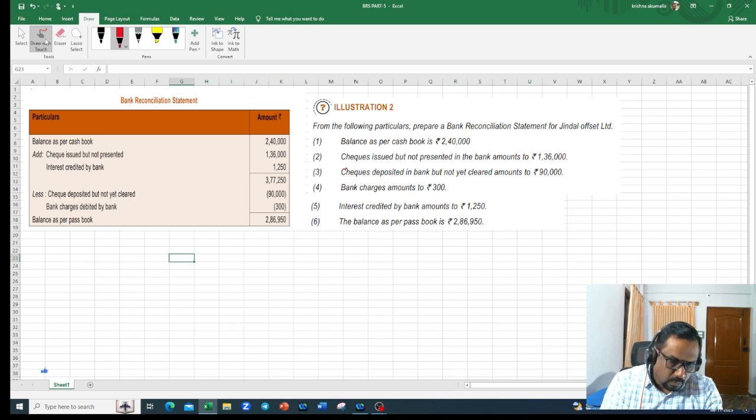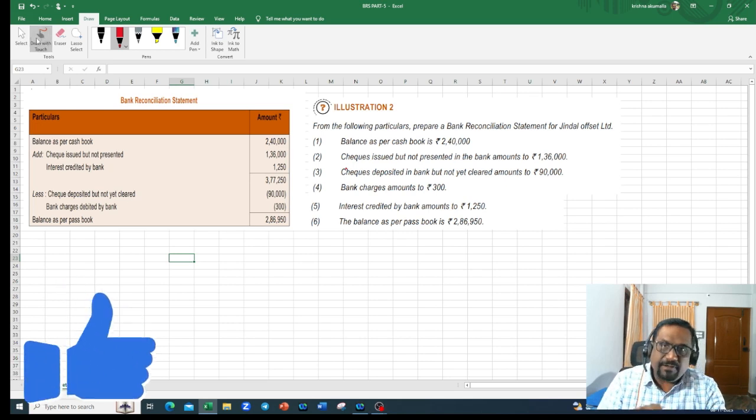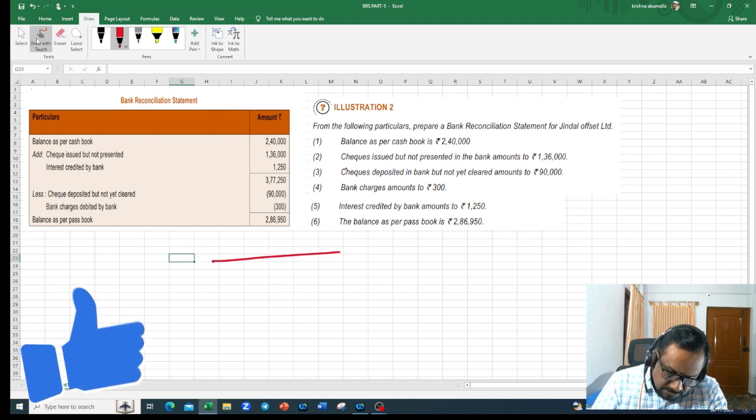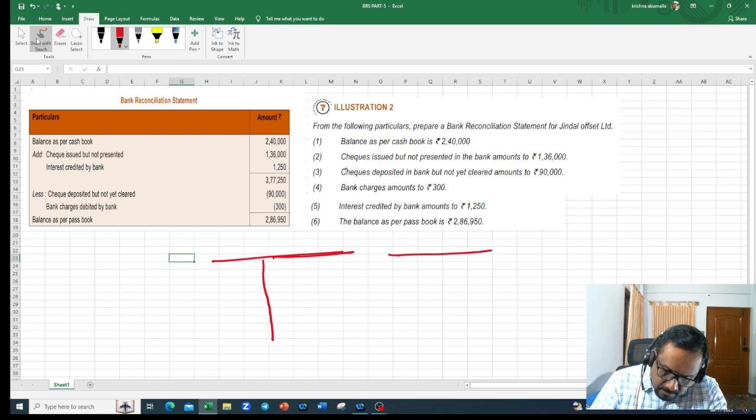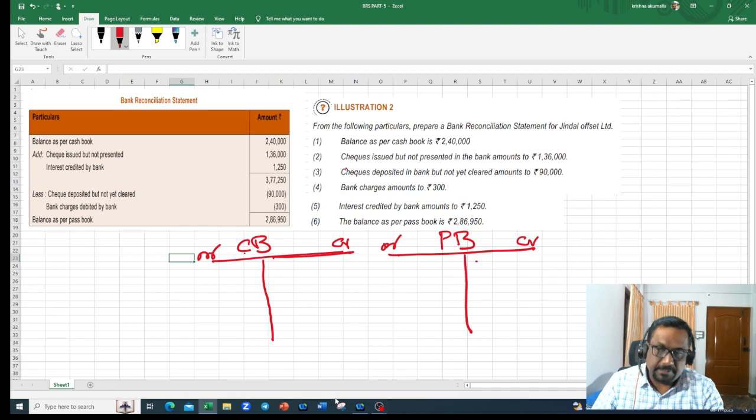So how we need to do that is, whenever a bank reconciliation problem is given, my request to you is to prepare cash book, passbook, debit, credit, debit, credit. Cash book, debit side is called receipt side, credit side is called payment side.